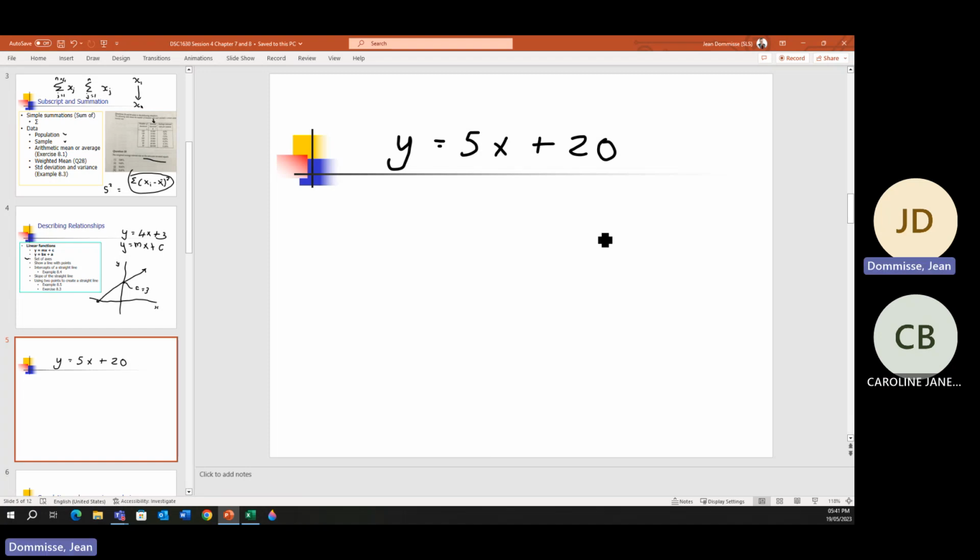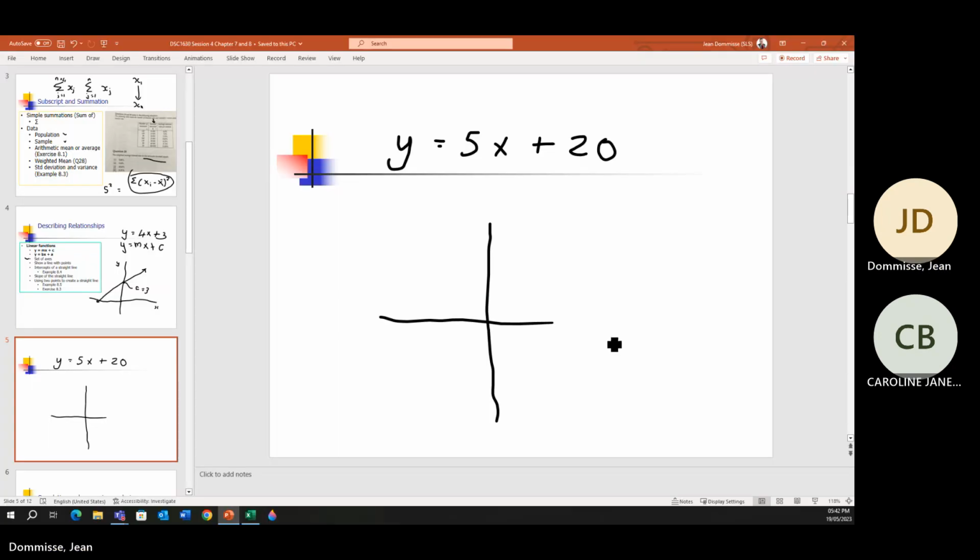We need to show how it would look on a graphical representation of that. This is the C, so that is the Y cutoff.